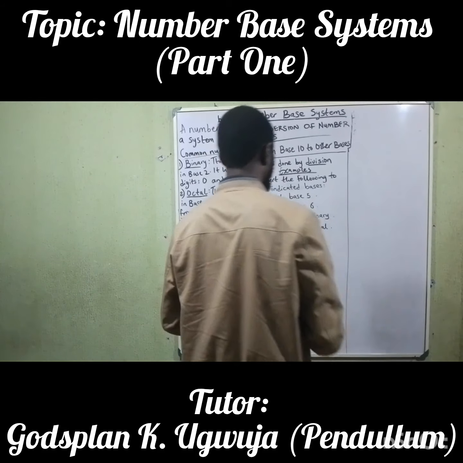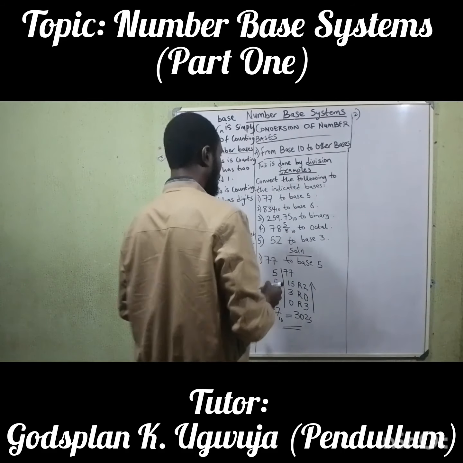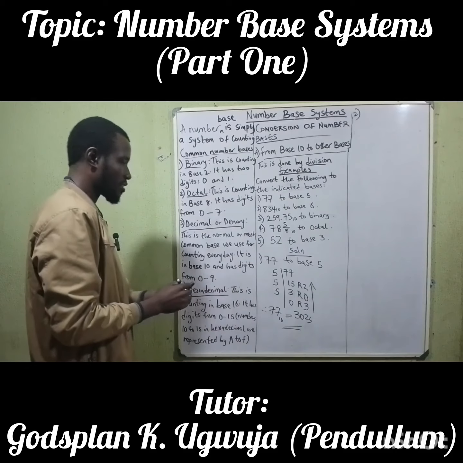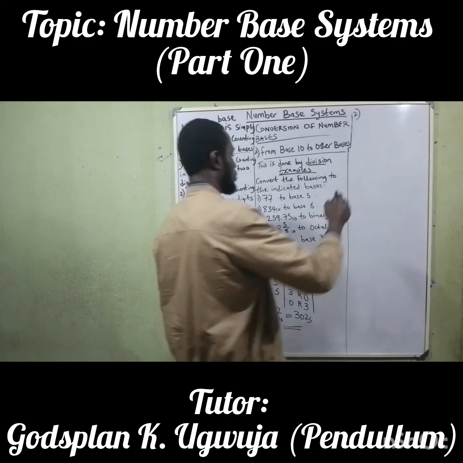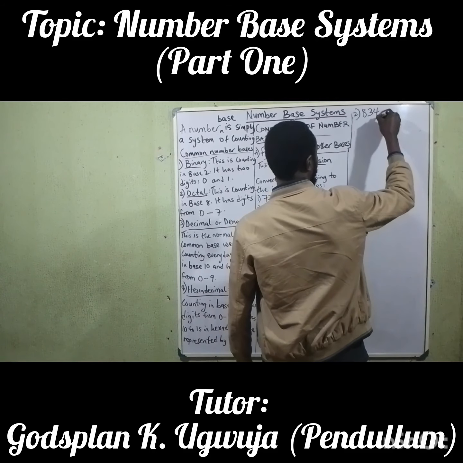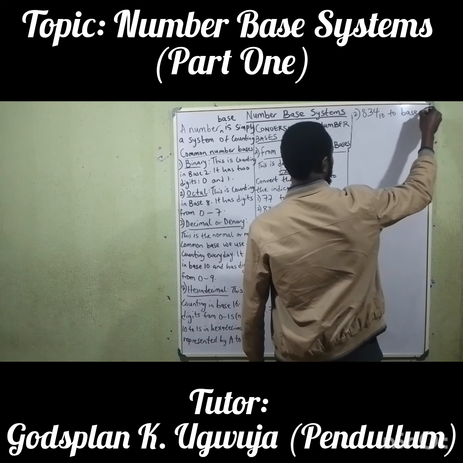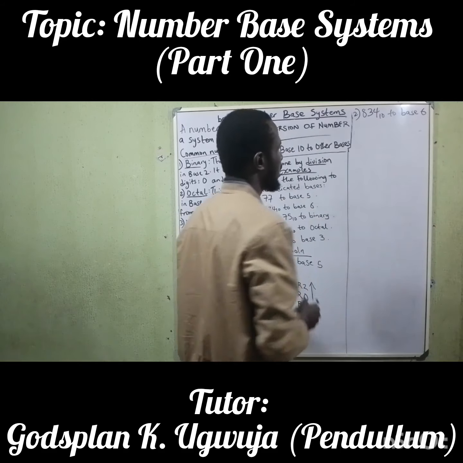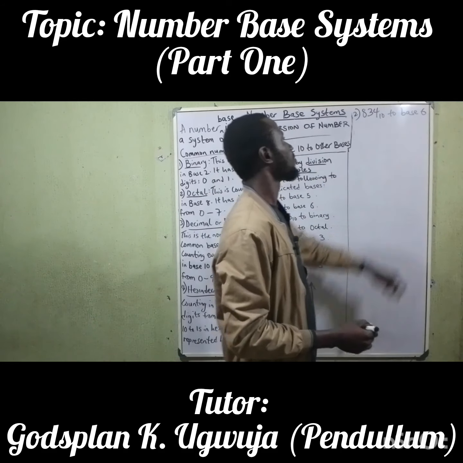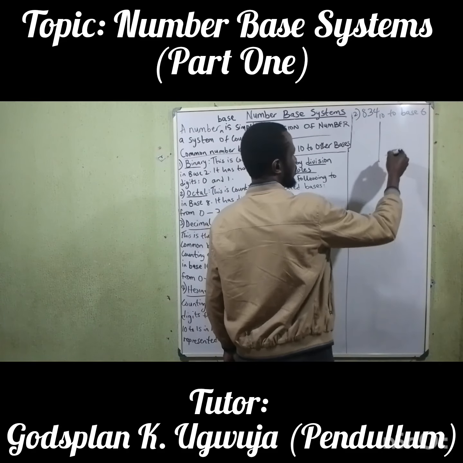For the second one, number 2, we're asked to convert 834 in base 10 to base 6. Same way, division.